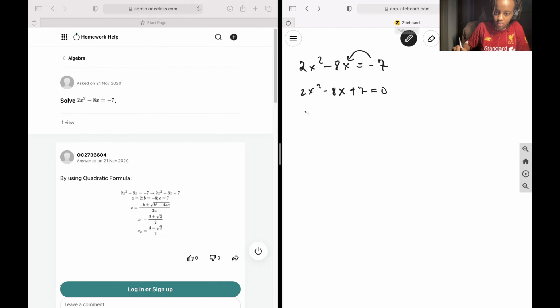Okay, perfect. And so there's a slight mistake in this one because of the 2a, and we know that a here is 2 and not 1.